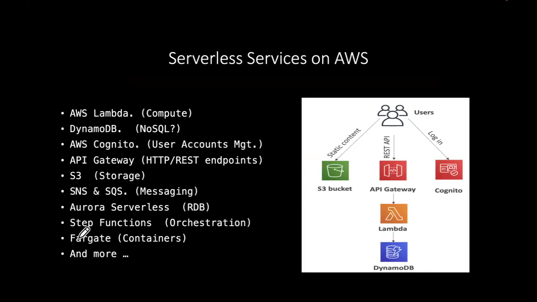Aurora is actually a serverless relational database service, which we won't be using either. And there are other examples. So overall, there are many serverless services provided by AWS for any type of server-side application that you may want to deploy to the cloud, whether it be a web API or not.